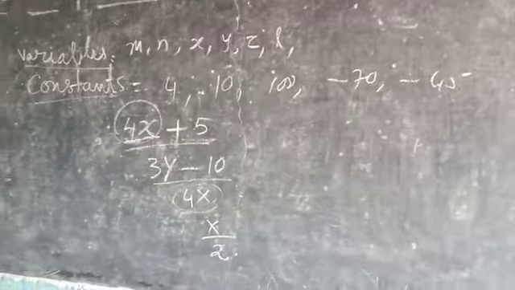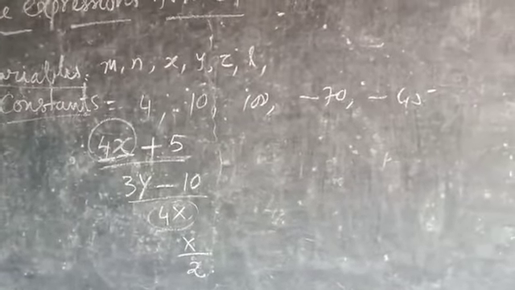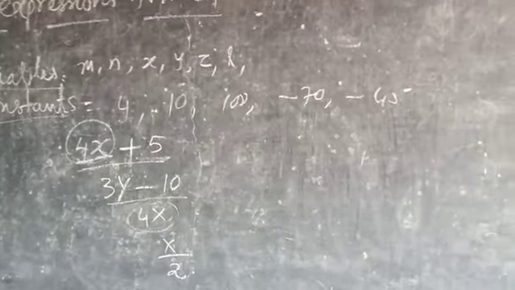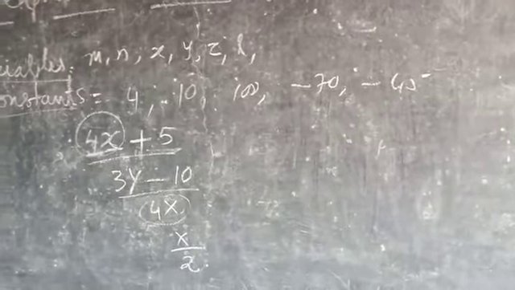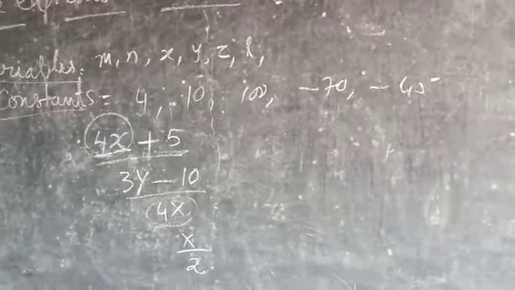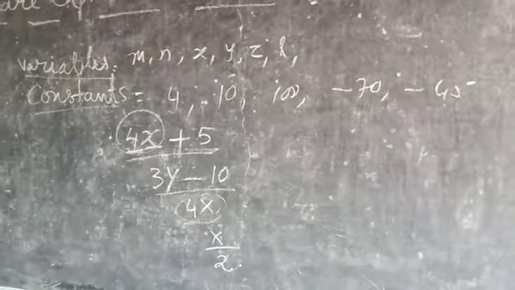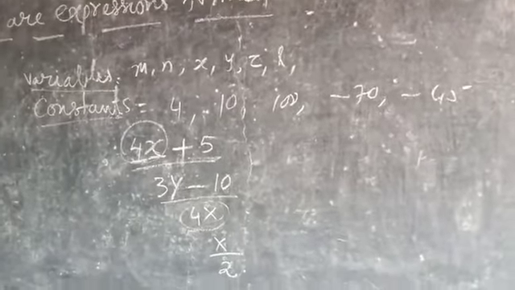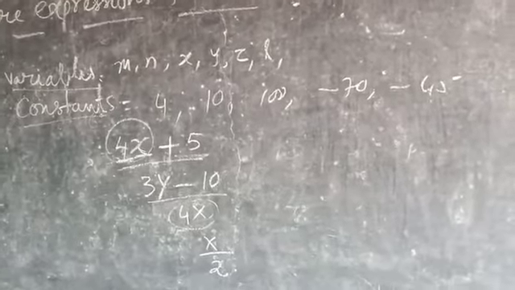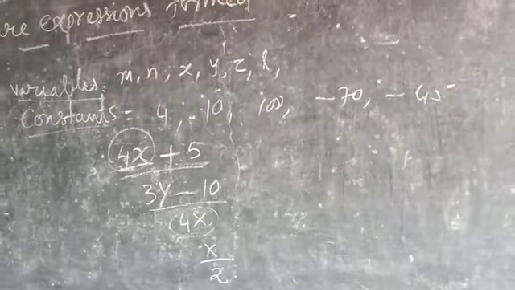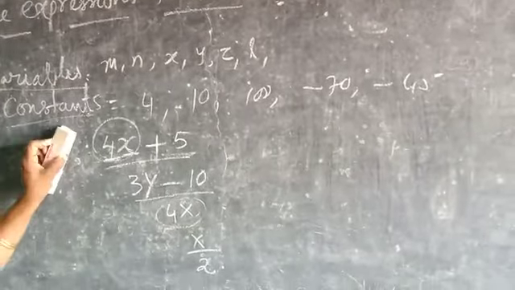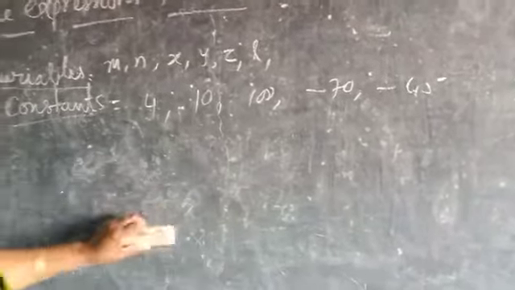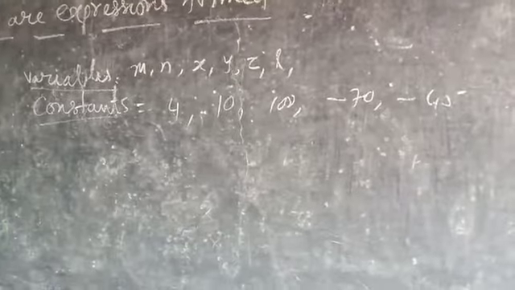These examples are obtained by combining variables with constants. We can also obtain expressions by combining variables with variables, or variables with constants. So these are called algebraic expressions.